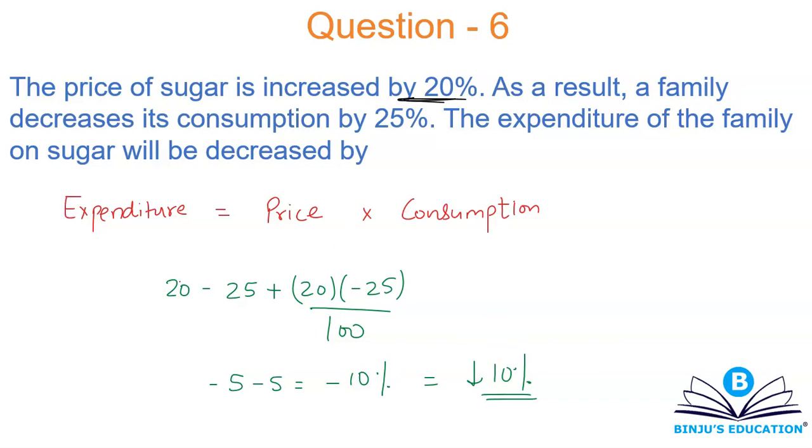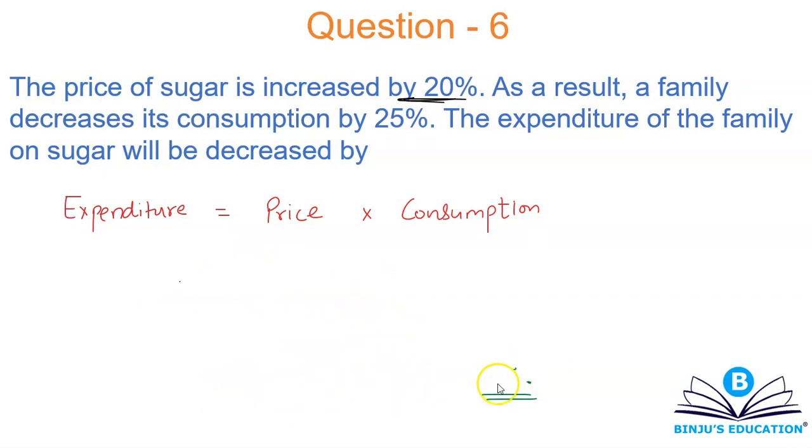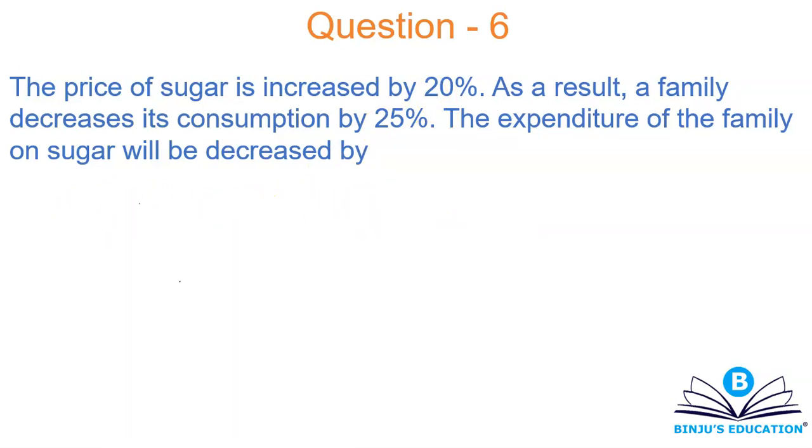Another way of solving this question, which I prefer: whenever you talk about percentages, see, percentage is a relative quantity, it's not an absolute quantity, right? So whenever all the information is given to you in terms of percentage, what you can do is assume a value and then start solving the question.